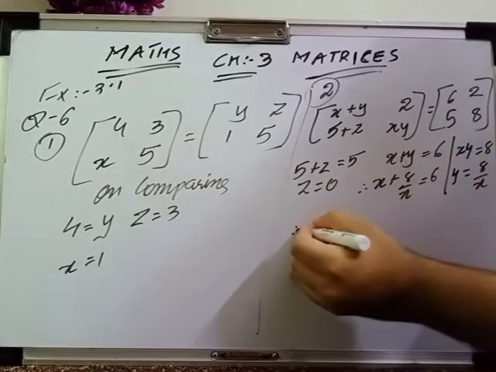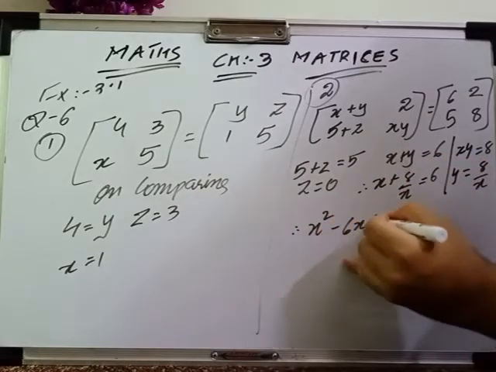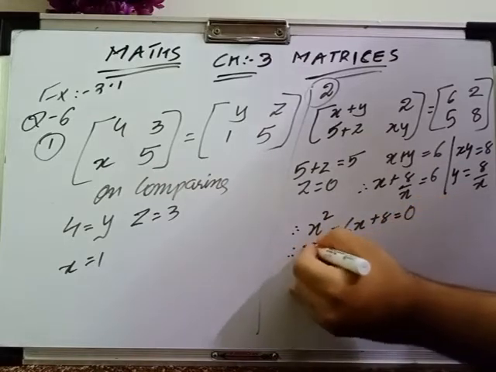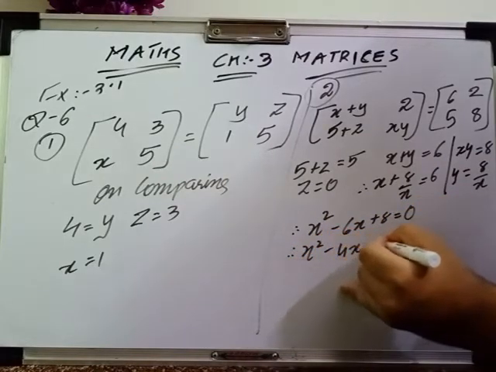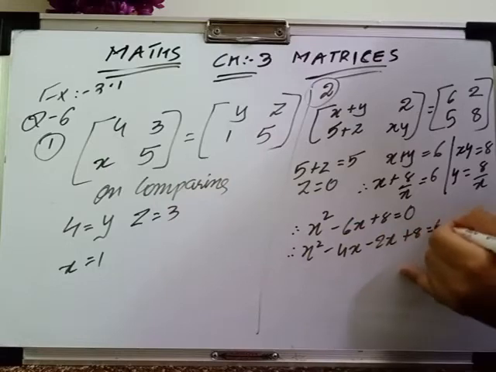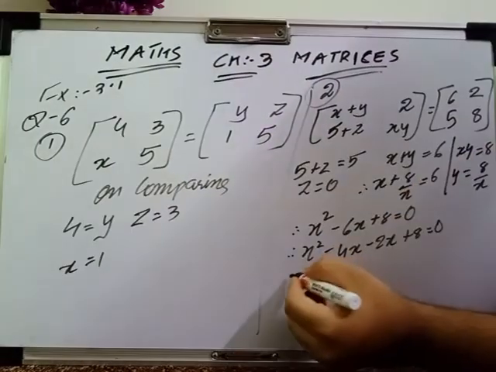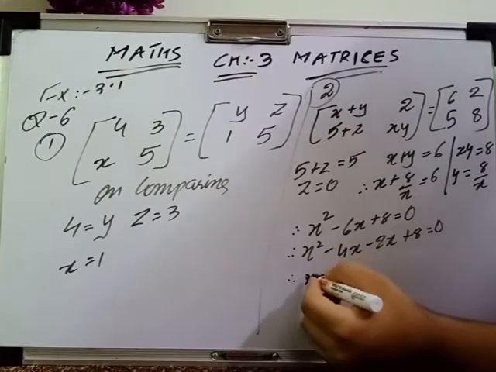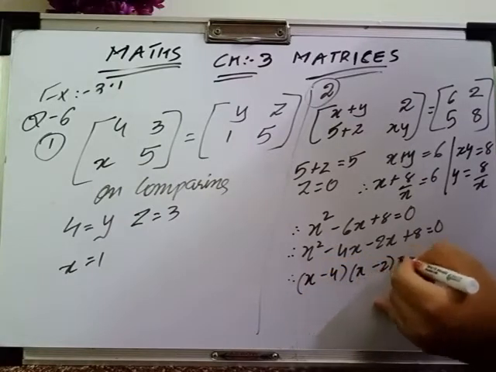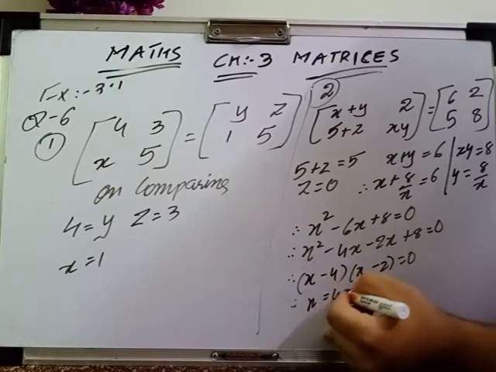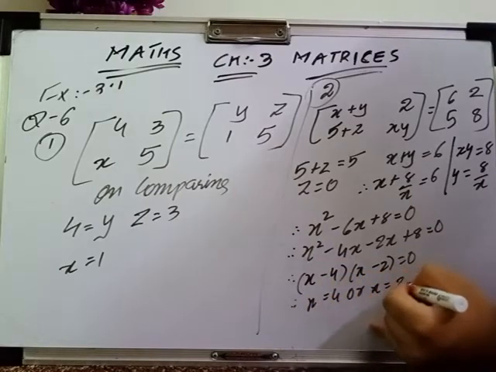If I take y is equal to 8 by x and keep that value here, then I will have x square minus 6x plus 8 is equal to 0. Solving this using the middle term splitting method, I will have x minus 4, x minus 2 equal to 0. Therefore x is equal to 4 or x is equal to 2.